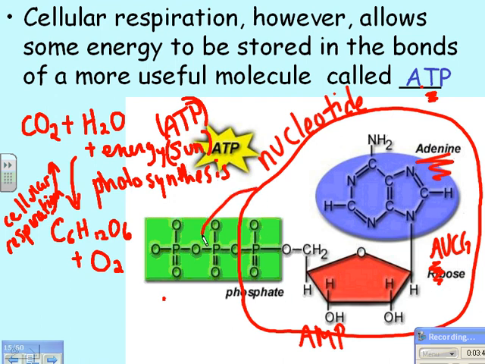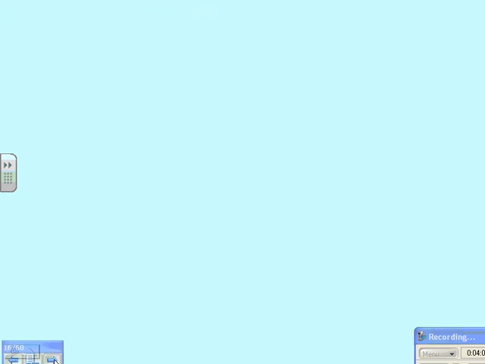If you add another phosphate group, you don't have adenosine monophosphate, you have adenosine diphosphate. And if you have all three, you've got this thing called ATP, adenosine triphosphate. And so this is the energy molecule that we use. So you break down glucose in order to make this stuff. And it's the bonds in here that are super important to break.